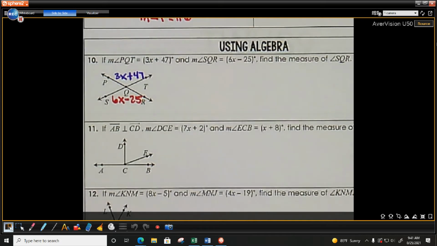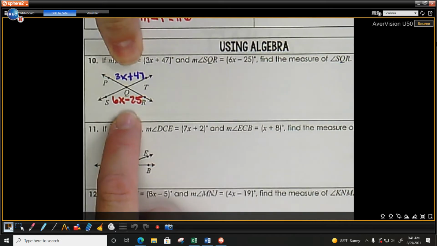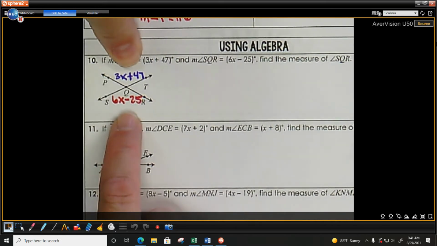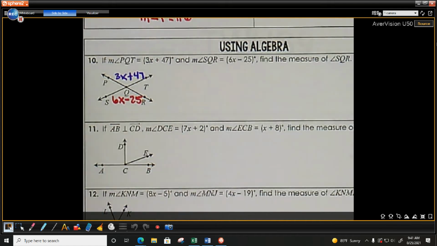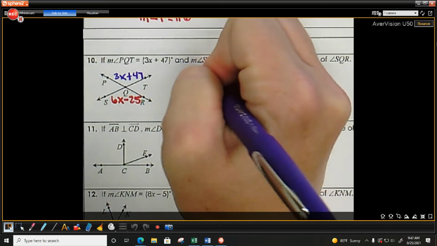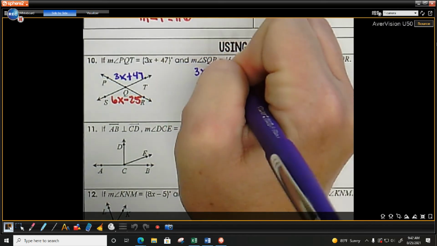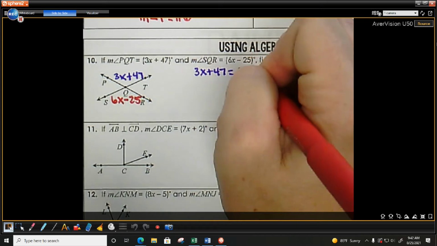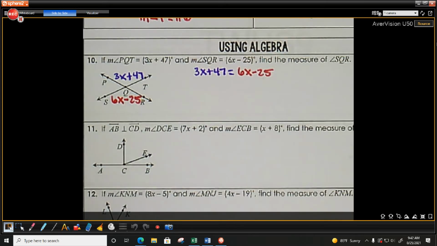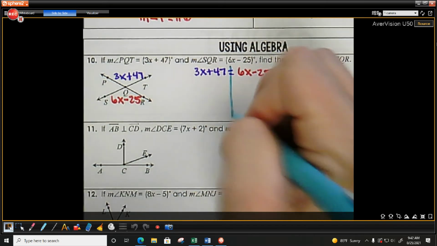What kind of angles are these? Vertical. So if they're vertical angles, that means they are equal. So what can I do with these two? Set them equal. So 3x plus 47 equals 6x minus 25. I always move my x's to the left.